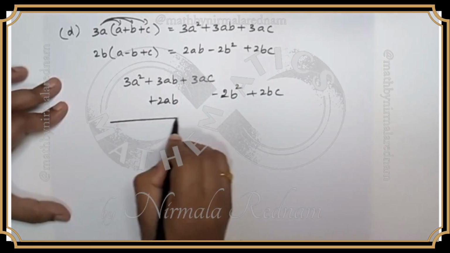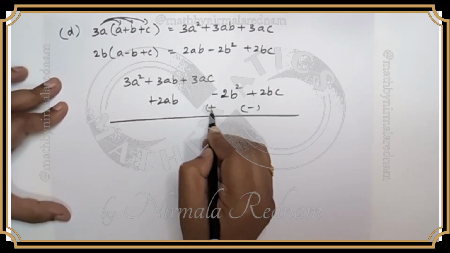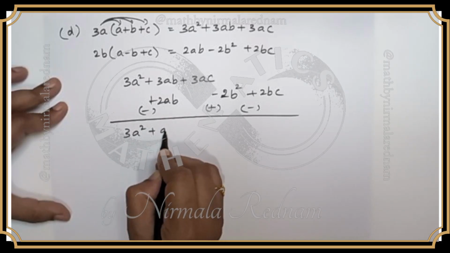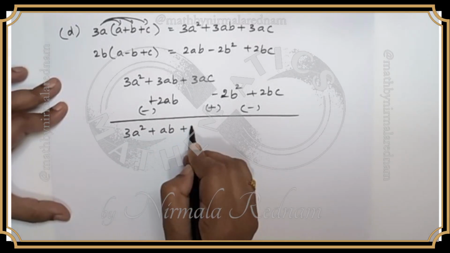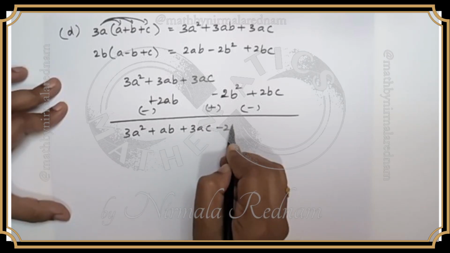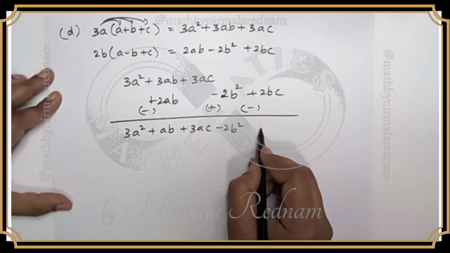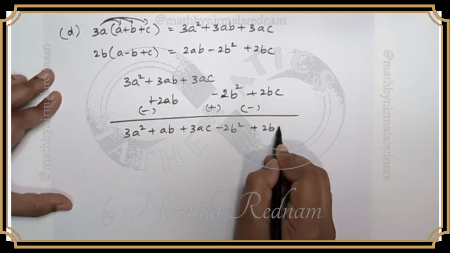Now since this is subtraction, I have to change the signs. So I have 3a square plus AB, 3 minus 2 is 1, plus 3AC minus 2b square, okay, plus 2BC, correct?